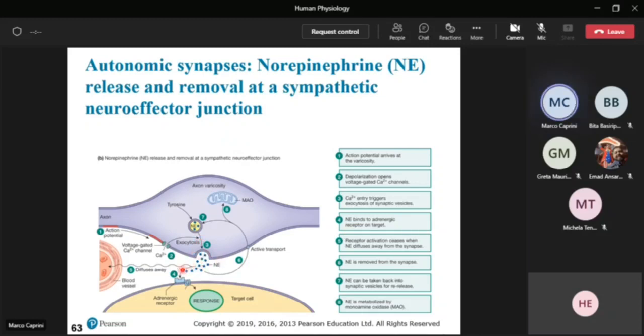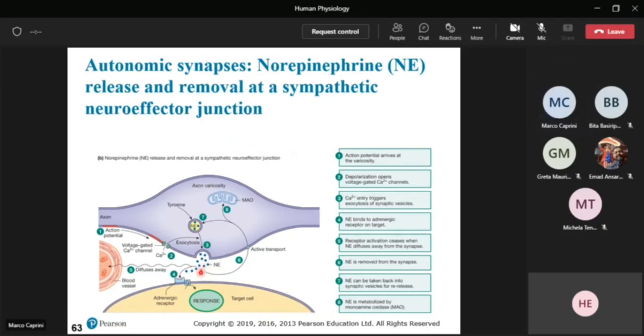Norepinephrine binds to the adrenergic receptor, that is sometimes a G-coupled receptor. And what happens in the target cell? For example, the response can be a contraction of the smooth muscle cell. And what about the neurotransmitter?